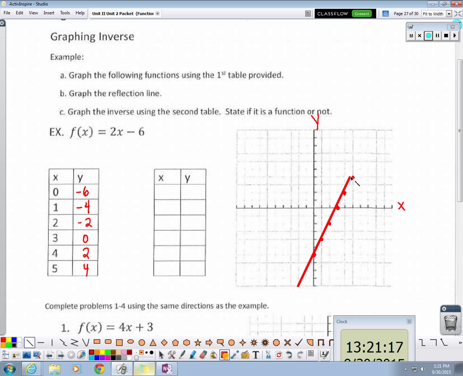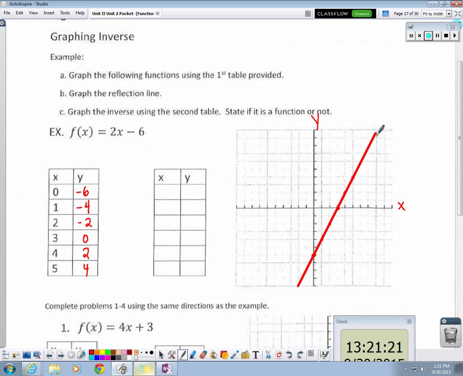Okay, now, those points form a line. So we're going to connect those dots with a straight line. Now, why do you think they made a line? This is a linear function. Okay, when your largest exponent is a 1, it's a linear function.